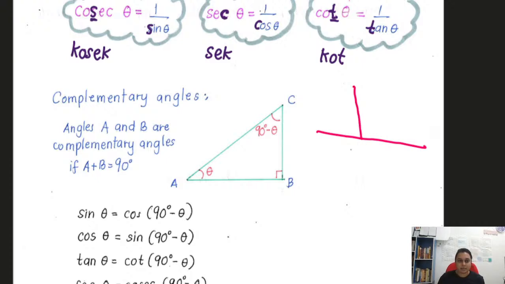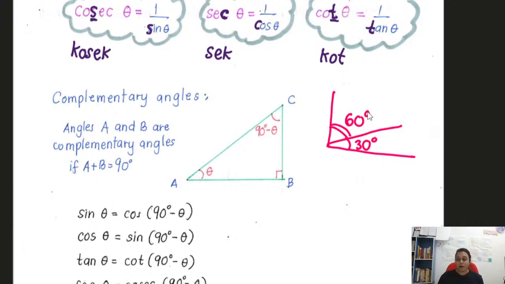Macam ni, 90 degrees. If I draw 30 degrees, how much is the balance here? It will be 60. How does teacher know 60? Sebab the full thing here is 90, jadi 90 minus 30.